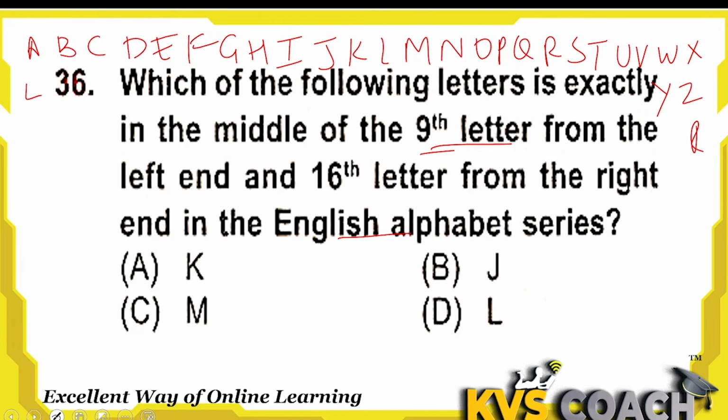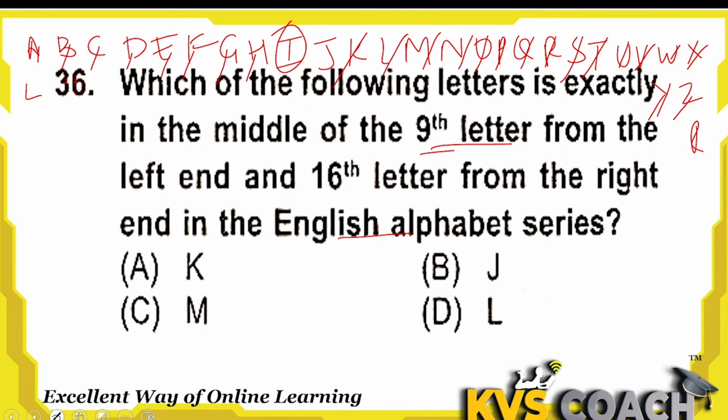So for the left hand ninth letter, 1, 2, 3, 4, 5, 6, 7, 8, 9, and from the right hand 16th, 1, 2, 3, 4, 5, 6, 7, 8, 9, 10, 11, 12, 13, 14, 15, 16.